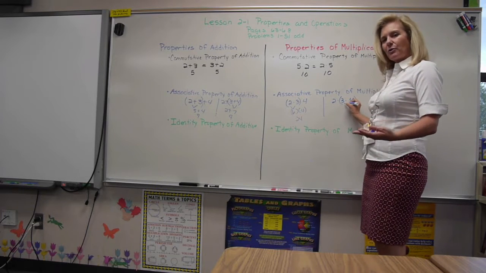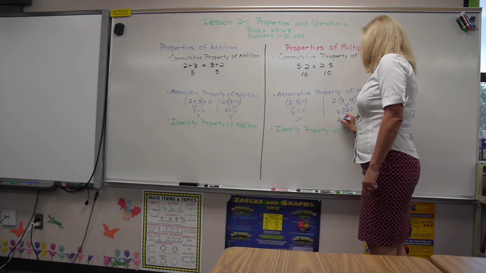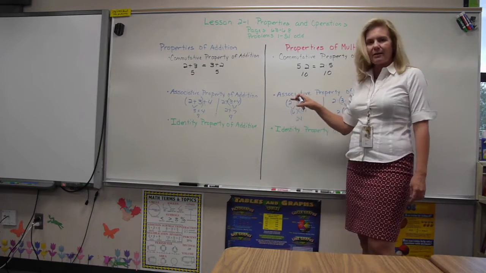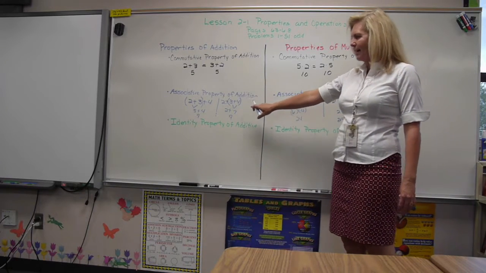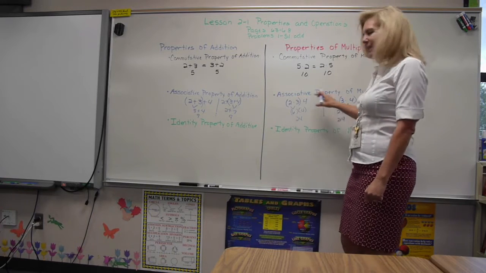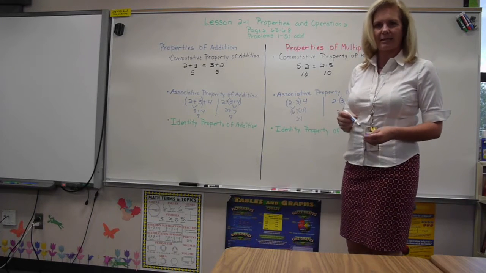Well, now I have to do 3 times 4 first, which is 12, and 12 times 2 is 24. So it's a law of math, a property of math, that it doesn't matter if I move the parentheses. As long as I keep the order of the numbers the same, my answer will be the same.